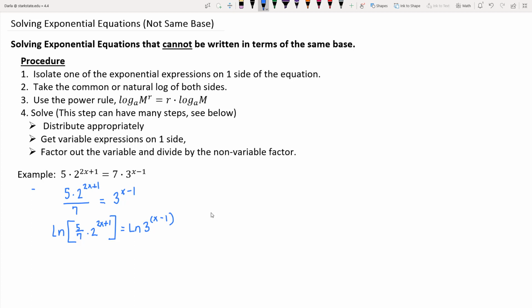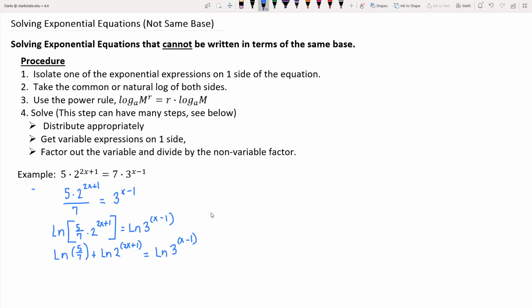On the left hand side you have the natural log of a product, so you can write that as a sum of logs, so natural log of 5/7 plus the natural log of 2 raised to the 2x plus 1 equals the natural log of 3 raised to the x minus 1.